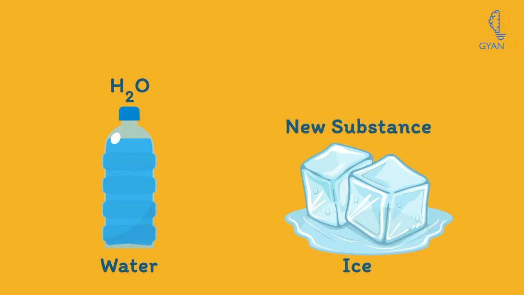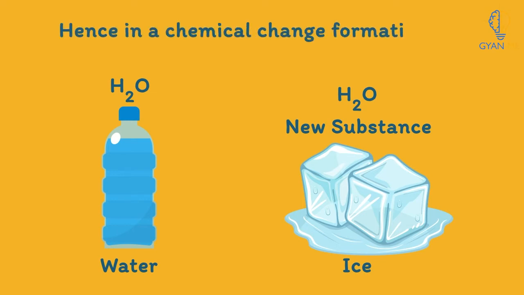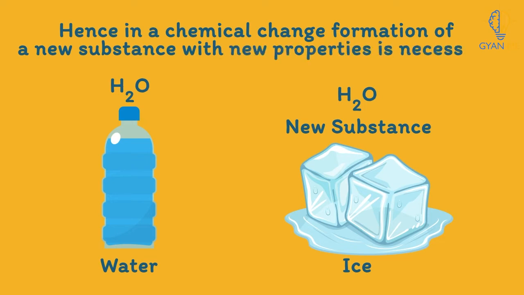Here new substance is formed, but are chemical properties changing? No, as formula in both the cases remain same. Therefore, we are now sure that in chemical change, formation of new substance with new properties is necessary. In other words, if state is changing, doesn't mean chemical reaction is happening. But state change is one of the indicators.